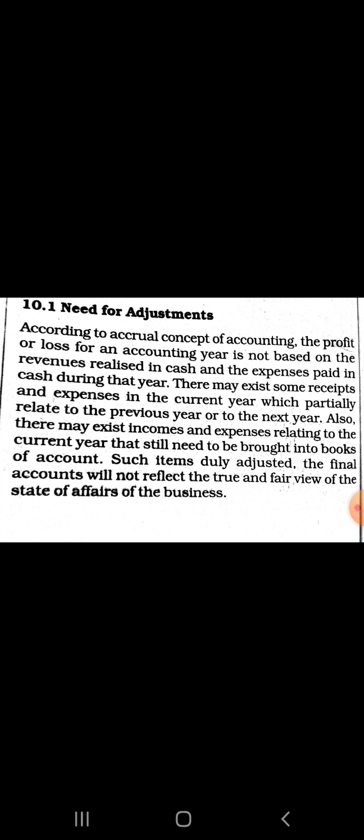Also, there may exist incomes and expenses relating to the current year that still need to be brought into books of accounts. Unless such items are duly adjusted, the financial accounts will not reflect the true and fair view of the state of affairs of the business.